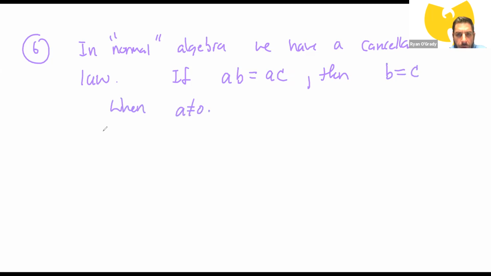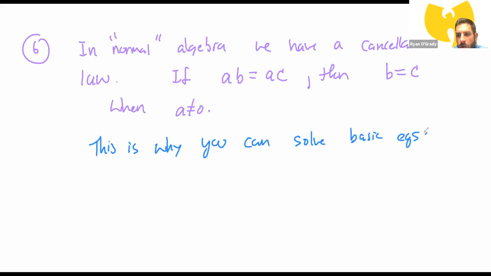So the way you might have thought about this is how you solved equations when you were a little kid and even now. So this is why you can solve basic equations.